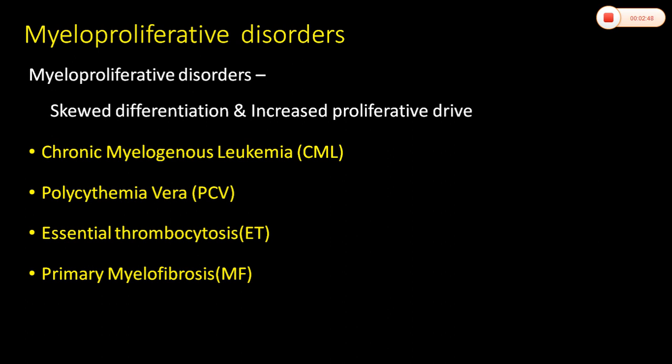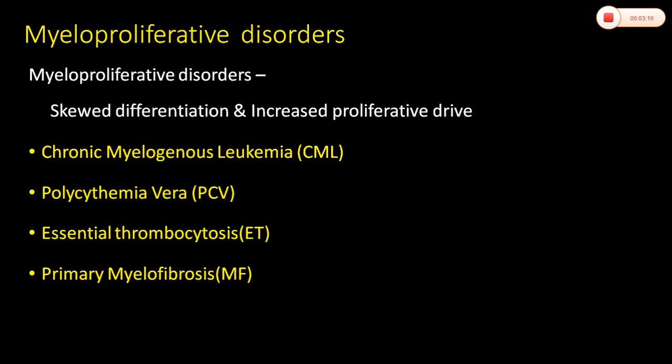For example, just take a scenario. If there is a hematopoietic precursor cell, a myeloid precursor cell, at any instant it has to produce a certain number of RBCs, a certain number of platelets and a certain number of granulocytes and monocytes at any point of time. Say for example, it is supposed to produce at an instance 100 RBCs, 100 megakaryocytes or platelets, or 100 granulocytes.